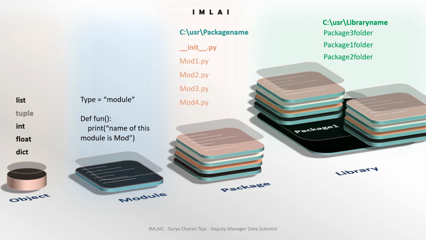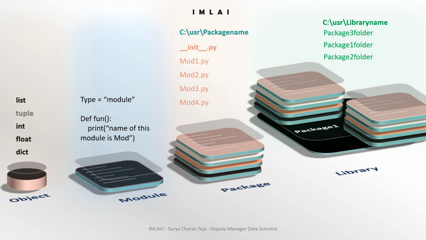And a library is similar to a books library which consists of plenty of books in it. Similarly, a library consists of plenty of packages inside it. So this is how we can take the analogy from a spoken language.